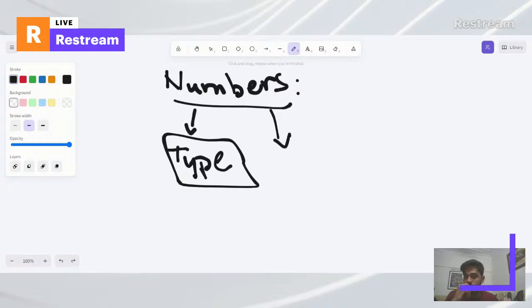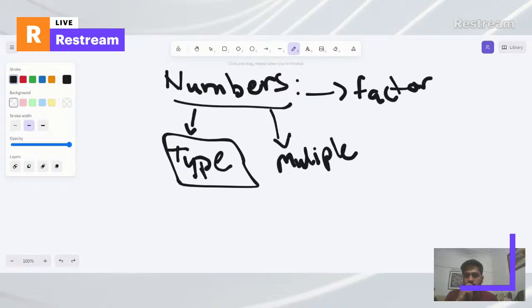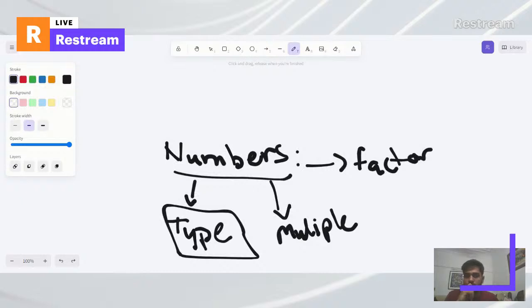We also studied multiples. What are multiples? We dived a little deeper into what factors are, right? What are factors?